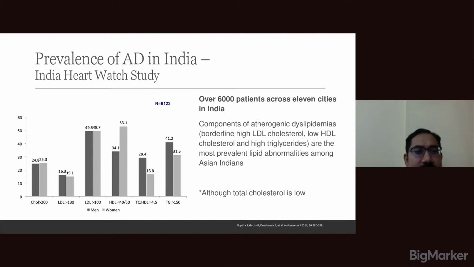This is one of the studies in the Indian scenario which shows the prevalence of atherogenic dyslipidemia in India. Over 6,000 patients across 11 cities in India were studied, and it was found that although Indians have comparatively low cholesterol, they have higher LDL, lower HDL, and increased triglyceride, which is a typical picture of atherogenic dyslipidemia, even if total cholesterol levels are lower.